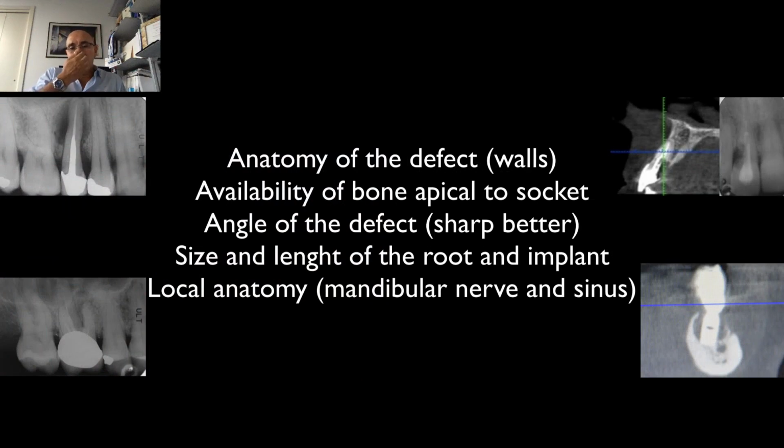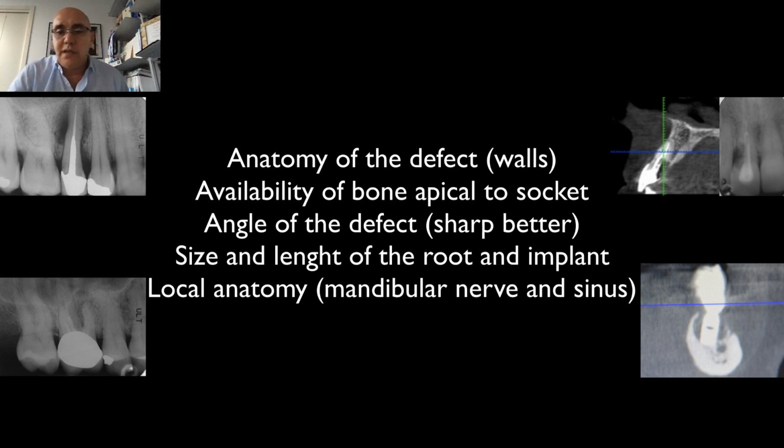Well, first of all, we should consider the anatomy of the defect. So if we have enough walls, especially if we have the buccal wall. If we have the buccal wall, it is likely that we can do an immediate implant. If we have availability of bone apical to the socket where we can find the apical threads of the implants gaining stability, enough stability, and if we own a device that can measure the ISQ, well, we can do that.